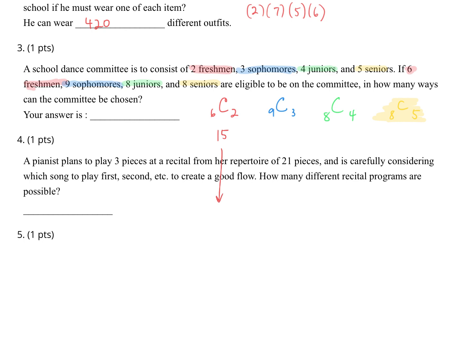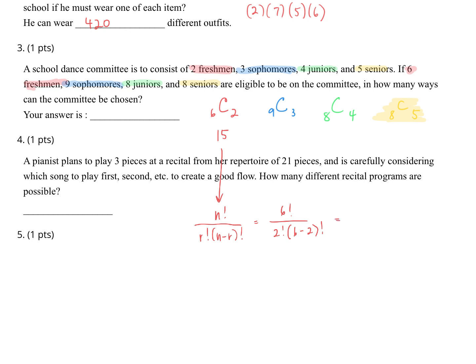This is going to be n factorial over r factorial times n minus r factorial. So n is 6, r is 2, n minus r is 6 minus 2.